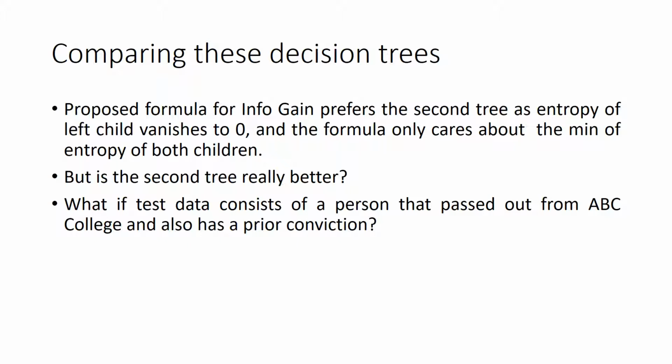So this particular person by tree 1 would be credit unworthy. Likewise, by tree 2, because tree 2 is only looking at ABC college, that's the very first question it asked, tree 2 is going to say that this person is credit worthy because all the people it has seen from ABC college were deemed as credit worthy.